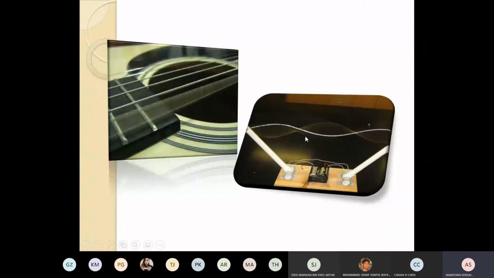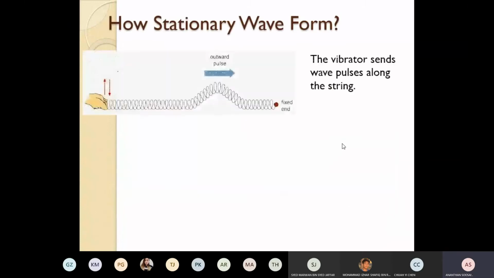The incident wave and the reflected wave are considered 2 identical progressive waves. Their amplitude is the same, their frequency is the same, their period is the same, everything is the same. The only thing different is they travel in opposite direction. If they travel in opposite direction and superpose, they can form a stationary wave at a particular frequency, not always, only at a particular frequency.